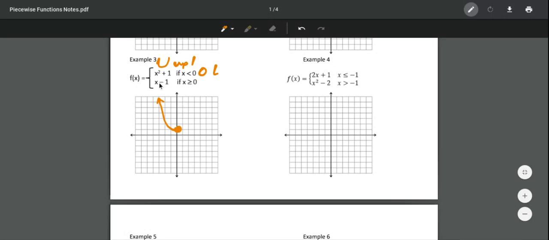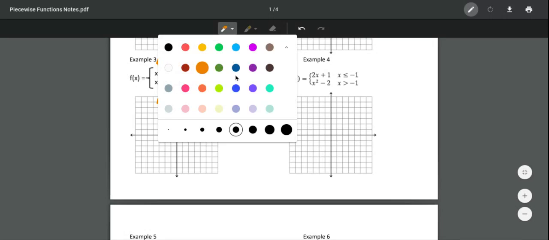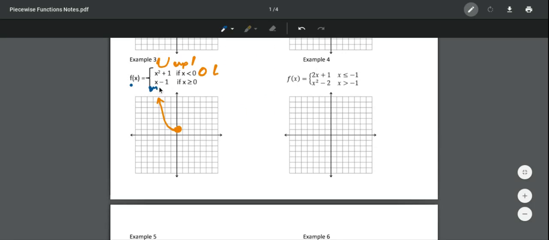This is a line that has a slope of 1, a y-intercept of -1, a closed circle, and it's the right side of 0. This should be an open circle. It's hard to see, it's open. So this is a closed circle, and the graph goes this way.